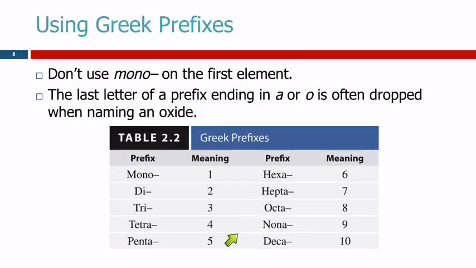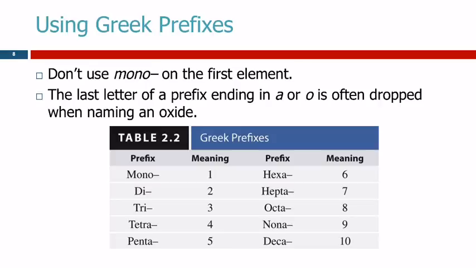Nonagon, you maybe don't remember that one, but at least nona sounds like 9. Deca, how many years in a decade? 10. Deca is a prefix meaning 10. A triangle has 3 sides. The ones that might be a little odd are tetra and hepta. Okay, tetra and hepta, those might be new.